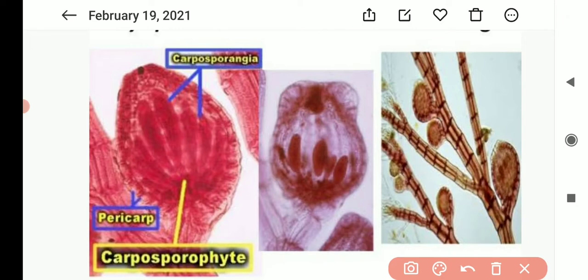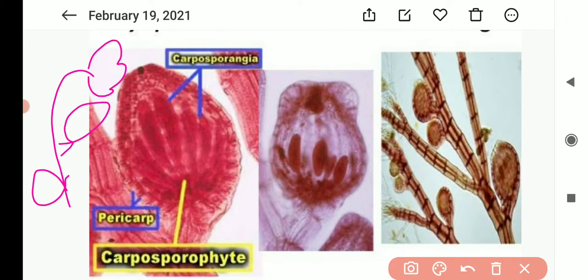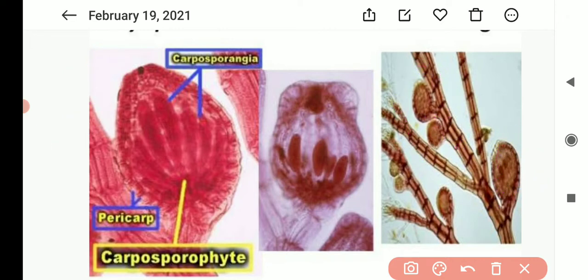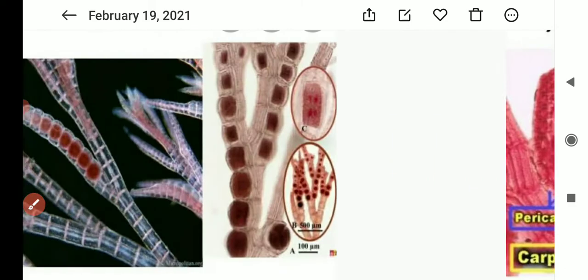They will appear like this, just like fruits, or like a flower. The flower appears like this, then the leaf appears like this, right? So you just imagine that these are the fruits or the leaves. So they appear like that. Now let's go to the next.